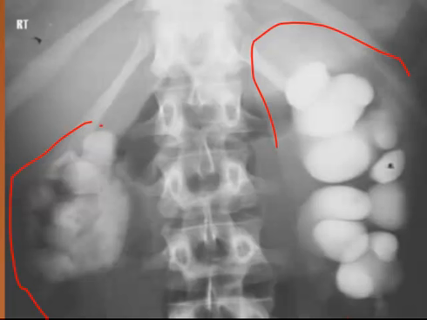That means there has to be something wrong with both of them. That doesn't seem logical. What's more logical is that it's something that stems from the bladder. For example, there could be reflux coming from the bladder, going on both ways. There could be chronic infection. There maybe could be some kind of tumor that's pushing on both of them. But generally speaking, it's going to be something at the lower urinary tract.